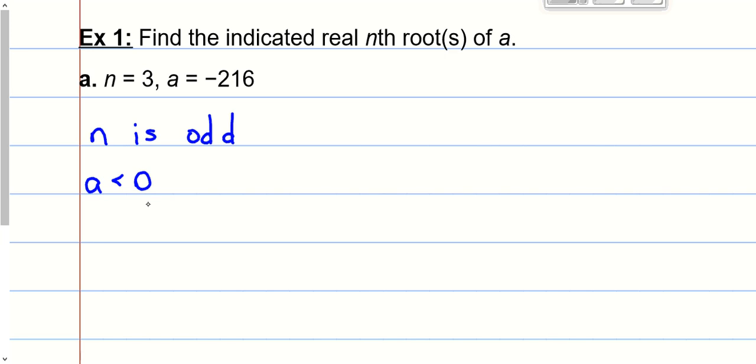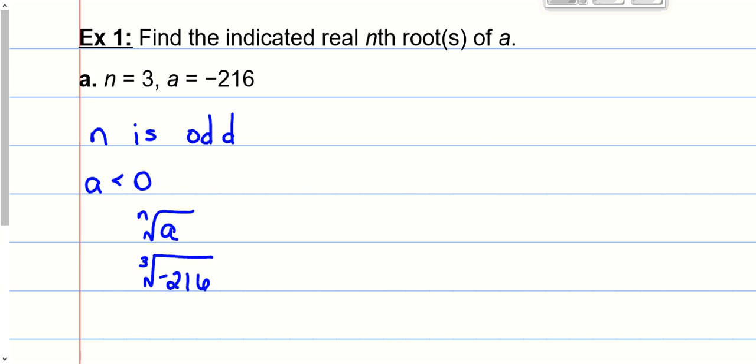Looking back to the previous slide, if n is odd and a is less than 0, then we are going to use the nth root of a. All we're going to do is take n and a and plug them into this. So that means we're going to have the cube root of negative 216.